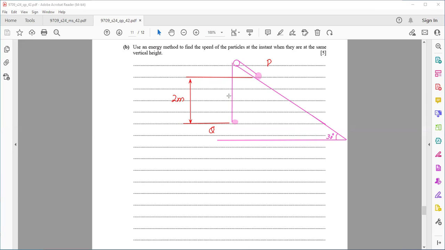So that particle will be over here. At this state, their vertical height will be the same. That's a very important thing. We have no information about this distance. That distance is x.